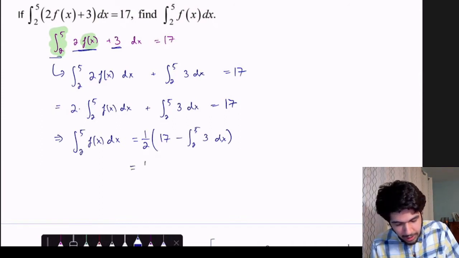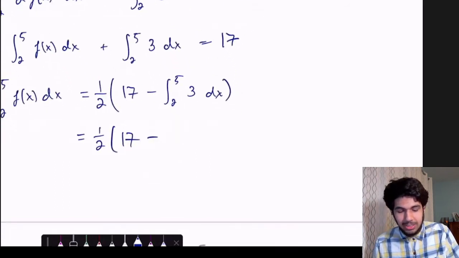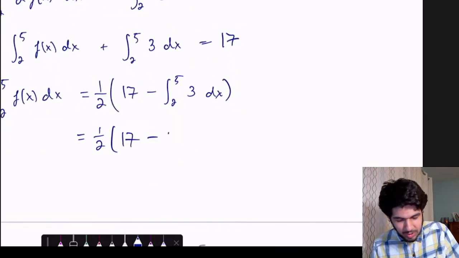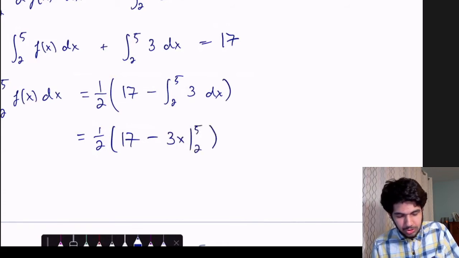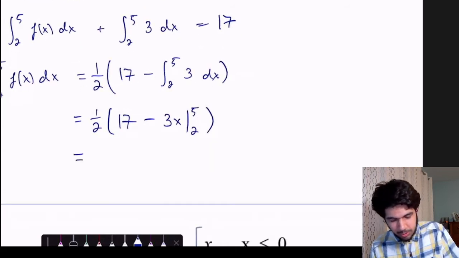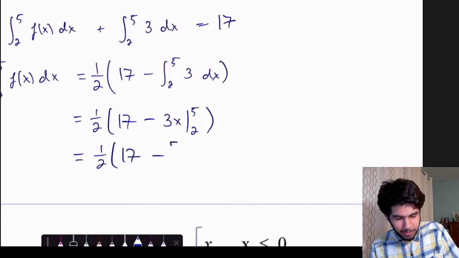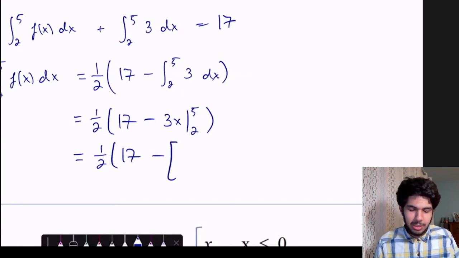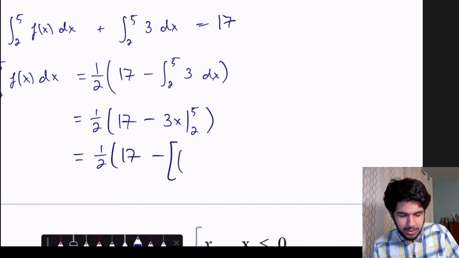So this is 1/2 of 17 minus, okay, so the integral of 3 is 3x, and we're evaluating it from 5 down to 2. So that'll equal 1/2 of 17 minus, and we'll put big brackets. Now we'll use our fundamental theorem of calculus. So 3 times 5 minus 3 times 2.